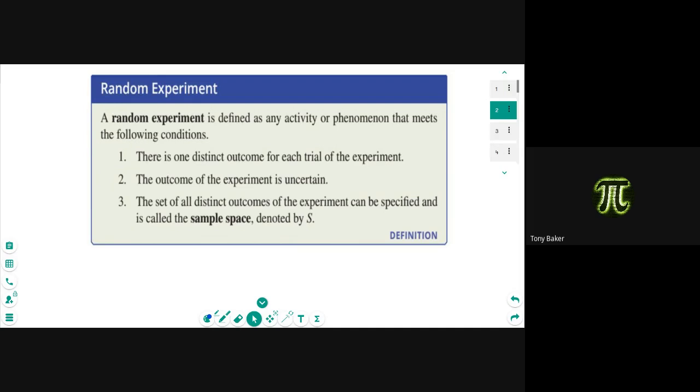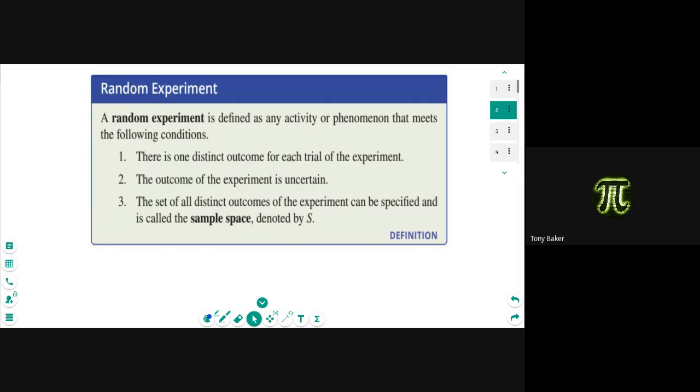The first one is there has to be exactly one outcome for every trial. Okay. So if you remember back to your algebra classes, it's basically a function. There's one answer. All right. We can't have multiple possibilities or multiple possible outcomes for one trial.